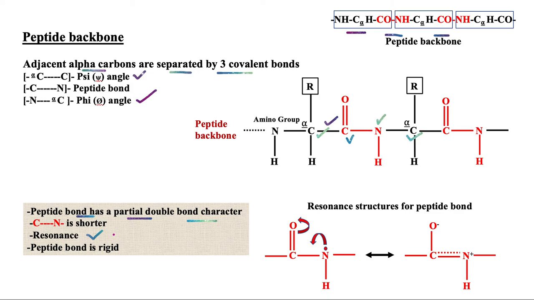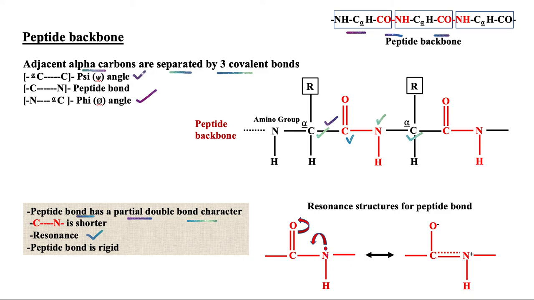Resonance is the electronic redistribution in the structure of atoms. For instance, in this particular case, we have this carbonyl carbon and this nitrogen. Oxygen is more electronegative, so it will attract this electron pair more toward itself, and certainly a negative charge will be introduced on it.